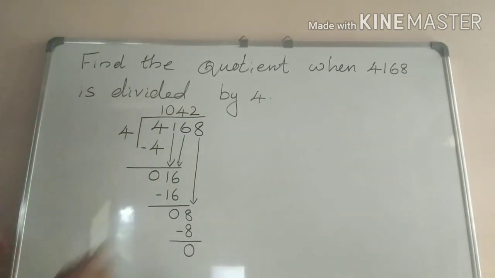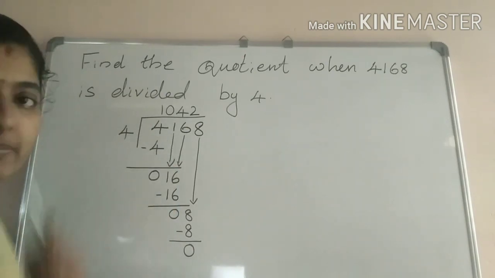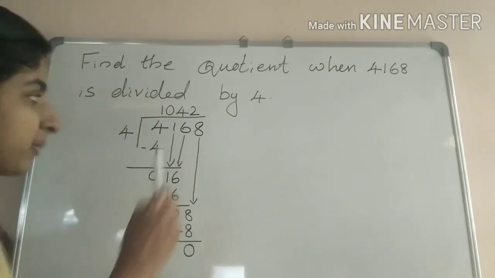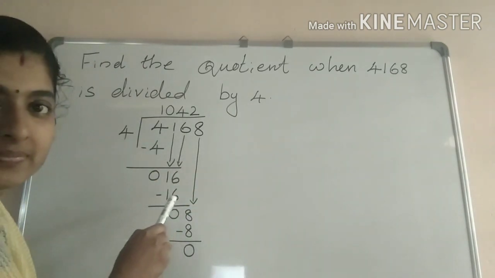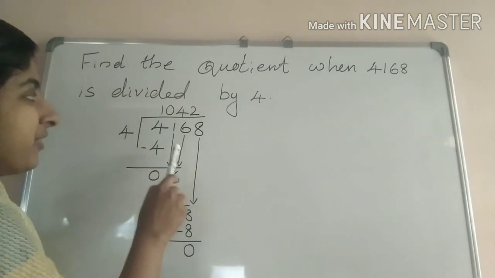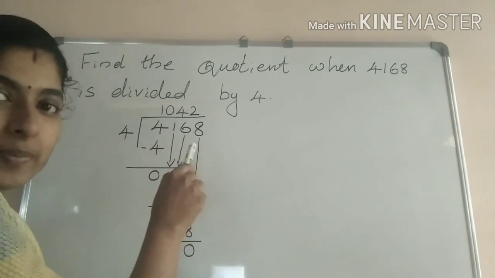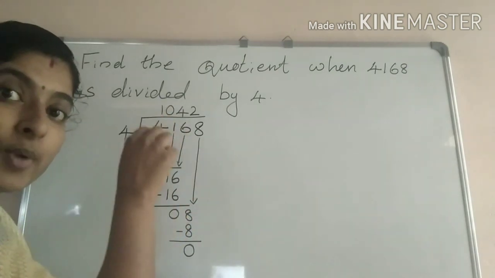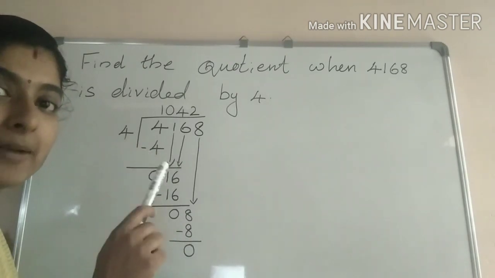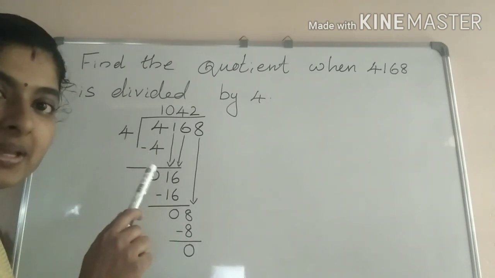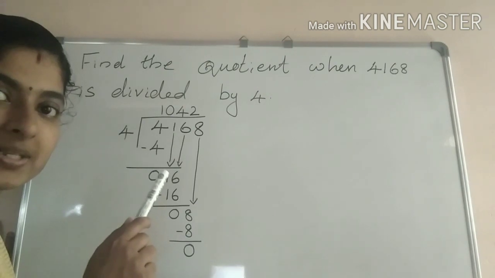Okay, here 1 divided by 4 is not possible, so we take these two numbers together. That is a division with regrouping. But in the first problem, we divide each number separately, completely, isn't it?